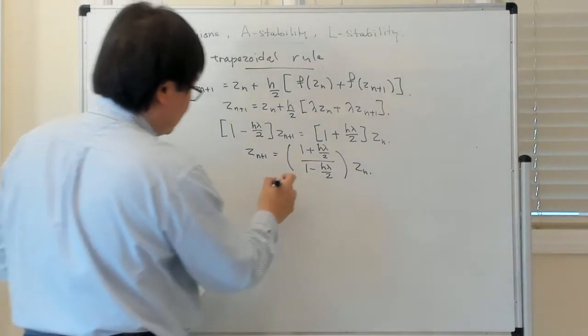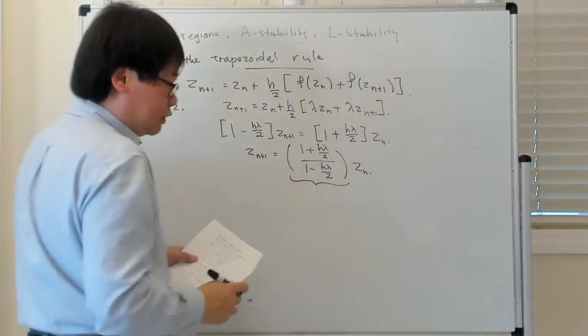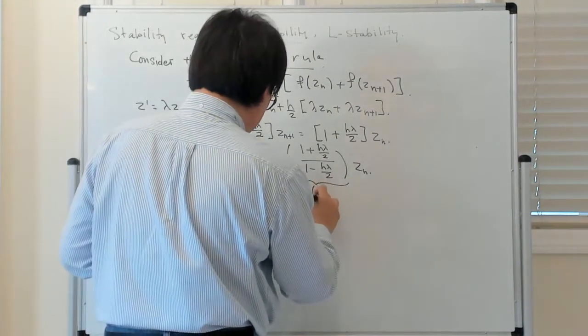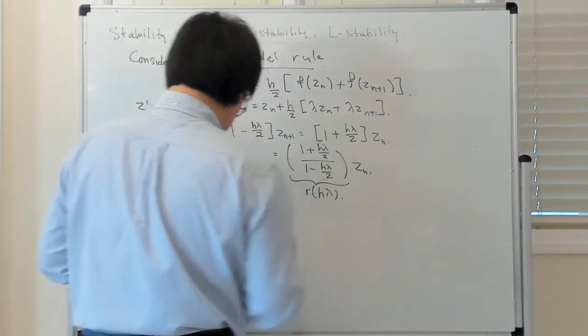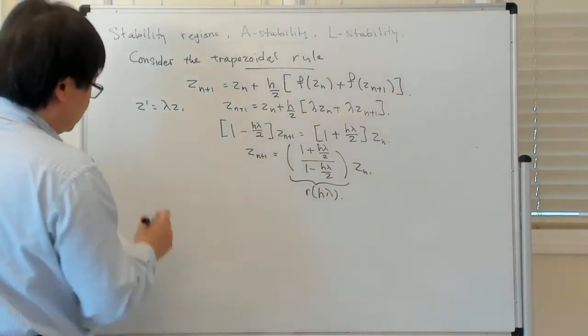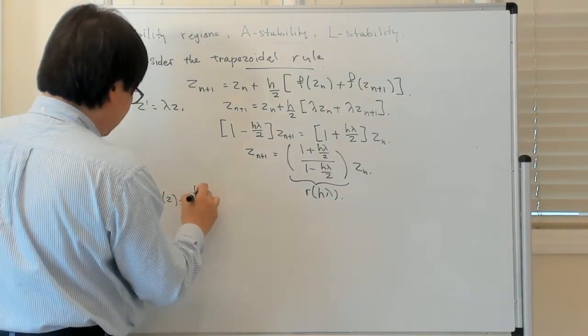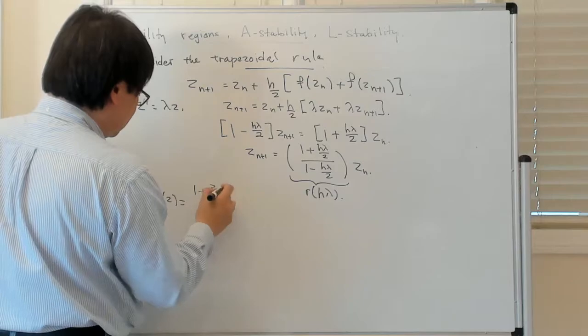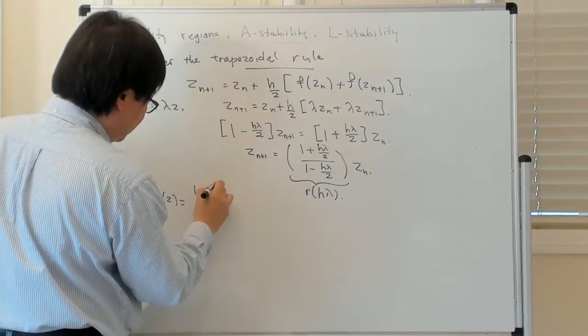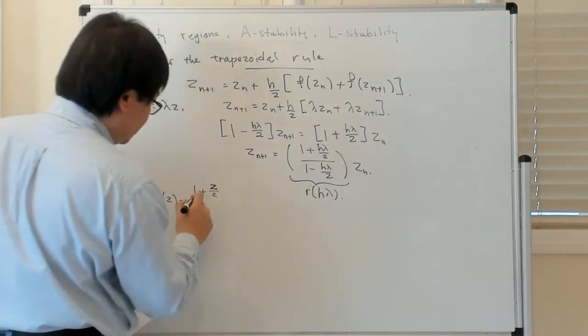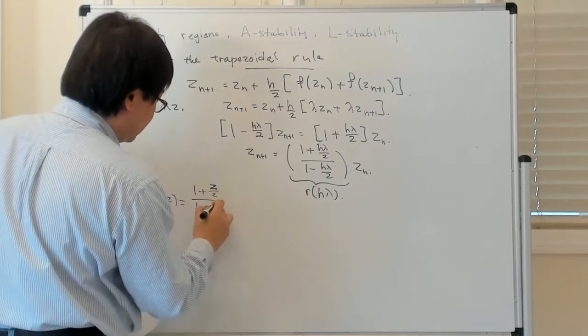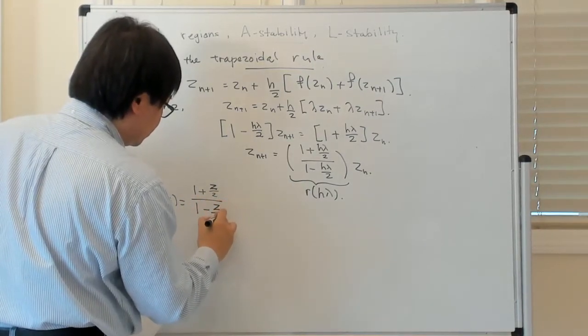Okay, and then this is what we call the stability function, R, which depends on h lambda. Okay, so another way of saying this is that R of z is equal to 1 plus z over 2. All right, so I'm going to try to distinguish my z's and the 2's. All right, 1 minus z over 2.